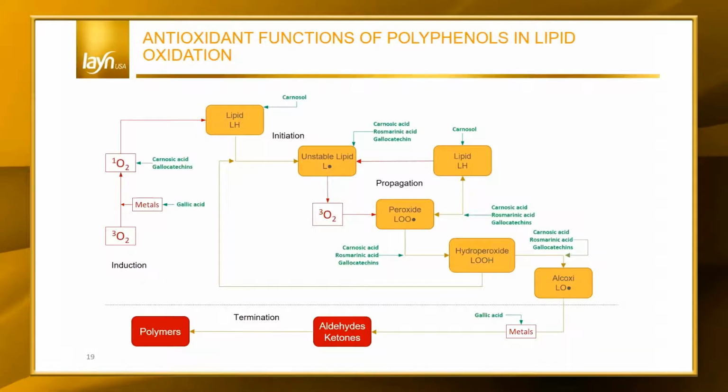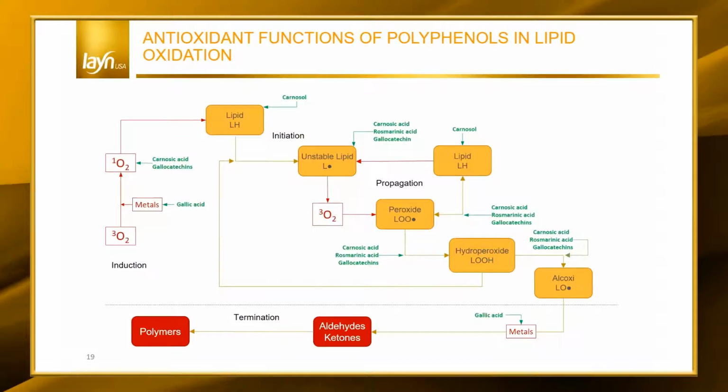Another thing that's interesting to know is the way those antioxidants work in the auto-oxidation cycle. For instance, gallic acid and gallic acid derivatives are known to be very powerful metal chelating agents, metal chelators. Therefore, gallic acid would probably chelate metals that regulate the transformation from triplet oxygen into singlet oxygen, stopping this reaction.